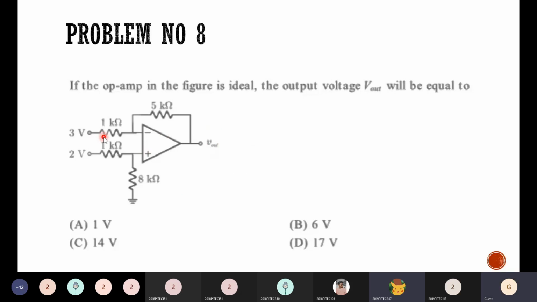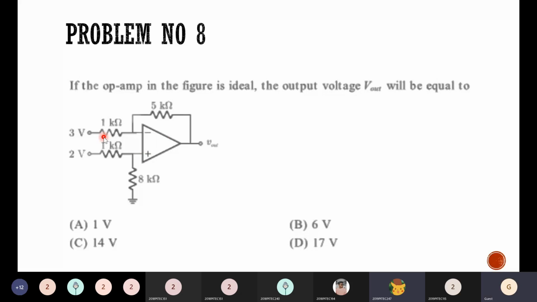Similar to the one we saw 2-3 problems back. So try to solve it. Use any method. Either you go by superposition principle or the golden rule of op amp. Anything is okay. Try to write the equation, substitute the values, simplify and give me the final answer.